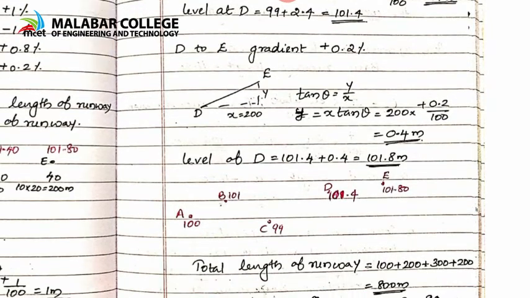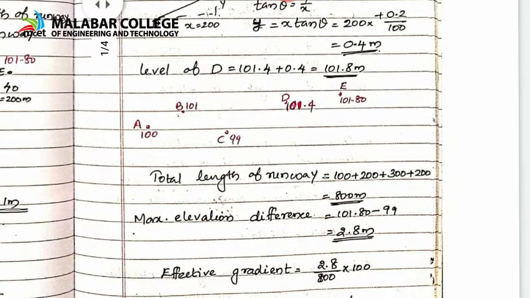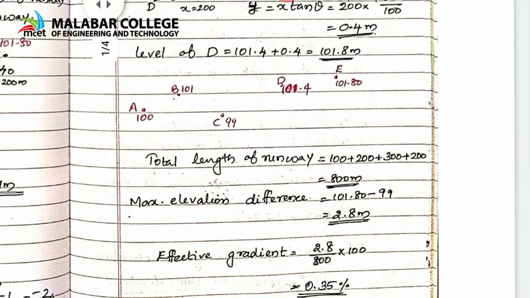The figure showing the level difference: A is 100, B is 101, C is 99, D is 101.4, E is 101.8. The total length of runway is equal to 100 plus 200 plus 300 plus 200.